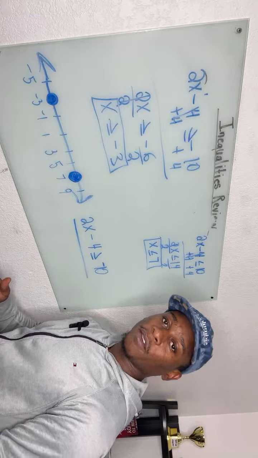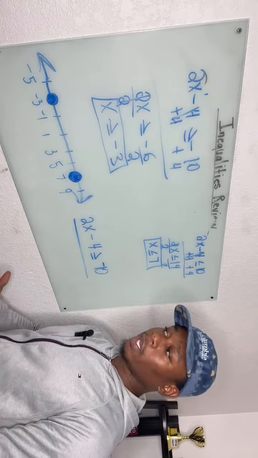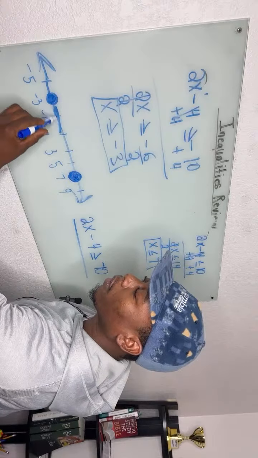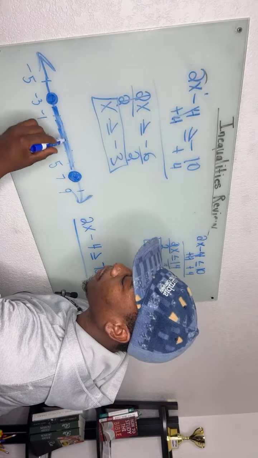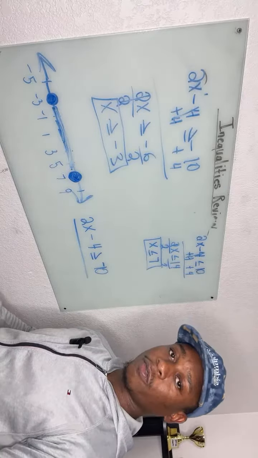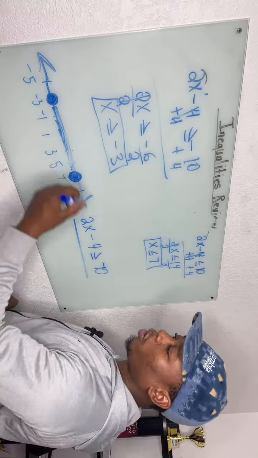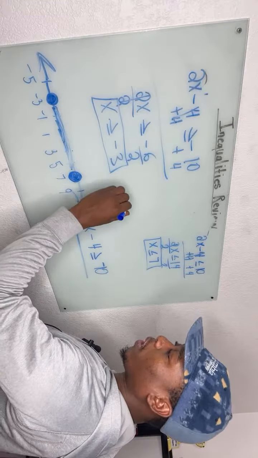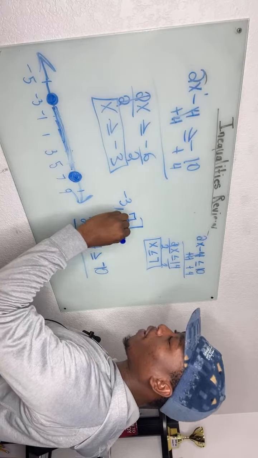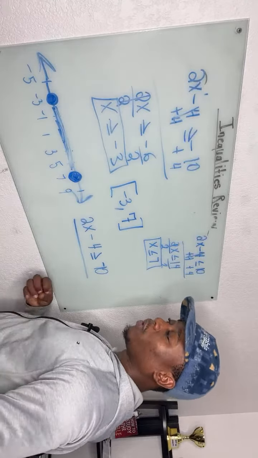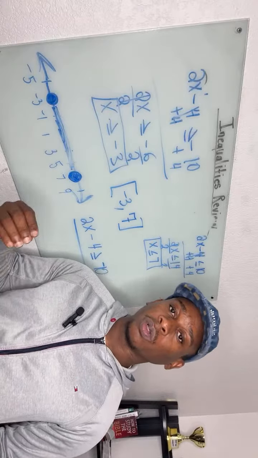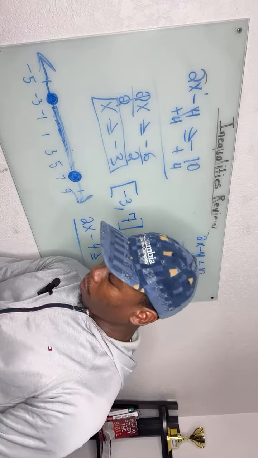Once we graph this absolute value inequality, guys, they're going to be going towards each other. For our interval notation, we're going to write this in the same order. So we have negative 3, and this graph goes to 7. We'll put a bracket around both of them because they both have or equal to signs.